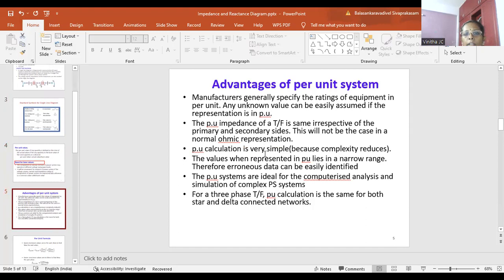And the per unit calculation is very simple compared to all other methods. And the next point is the values when represented in per unit lie in a narrow range. So if any error occurs in the calculation, it can be easily identified. And the per unit systems are ideal for the computerized analysis and the simulation of complex power systems. For a three-phase transformer, per unit calculation is the same for both star and delta connected networks. So these are all the advantages of per unit system.